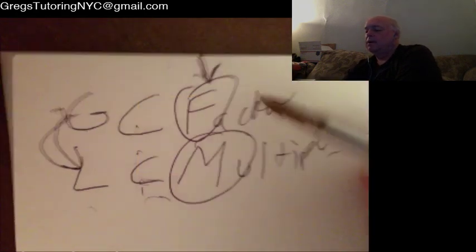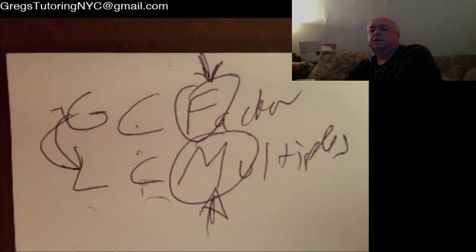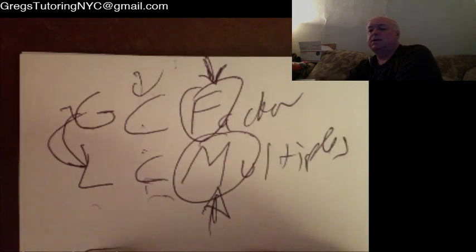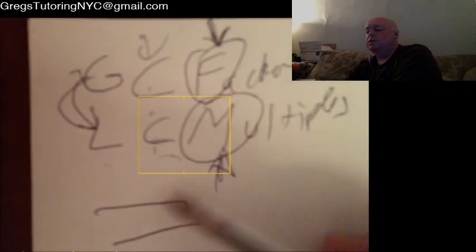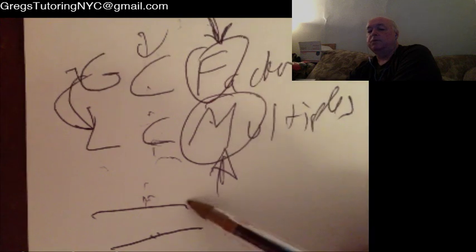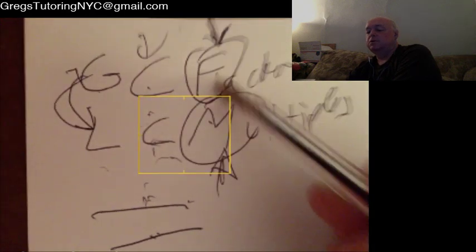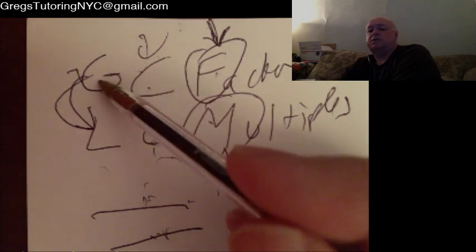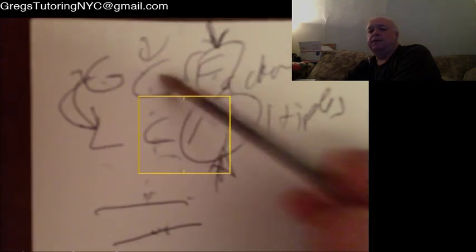I think the key is remembering the last word of each of these. This means common. There's two lists of things we're going to end up having. What's common across the two lists? In one case, we're looking for multiples that are common. In the other case, we're looking for factors that are common. In this one, we're looking for the largest factor that's common.